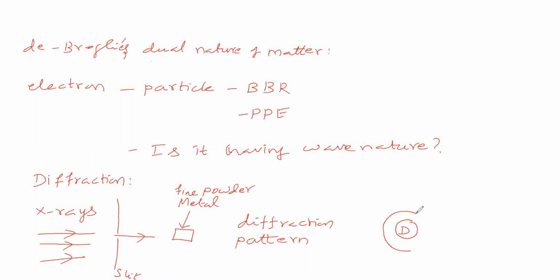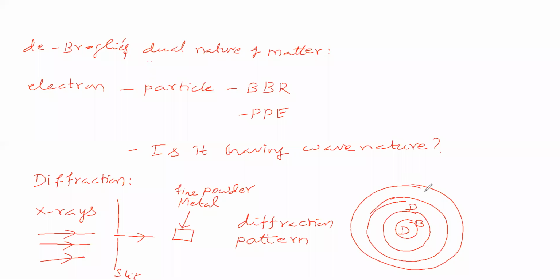Then the next circle is bright. Then the next circle is dark. Then the next circle is bright. Like this it will continue.